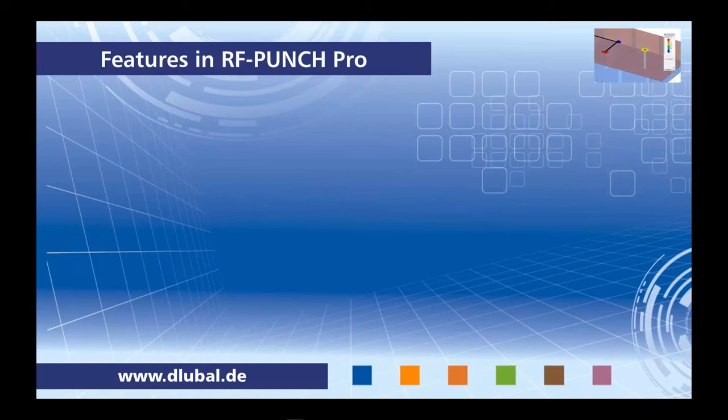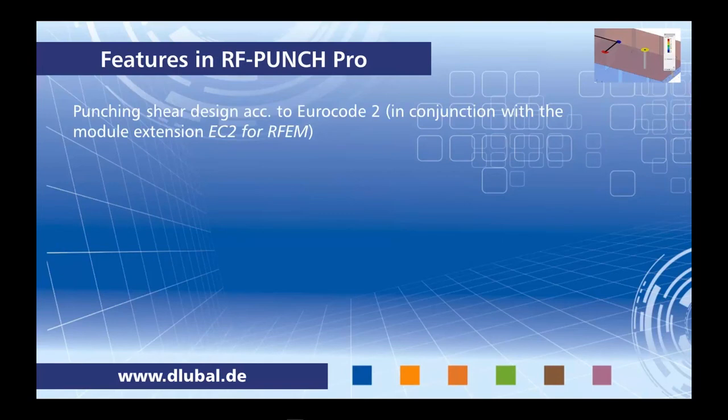Let's take a look at the features in RF Punch Pro. As in the old module RF Punch, the design is performed according to Eurocode 2 in RFEM. As you can see in orange color, there are some new features in the new module RF Punch Pro. Now the design is possible not only for columns, but also for wall ends and wall corners.